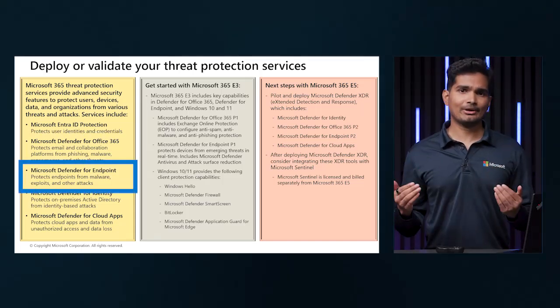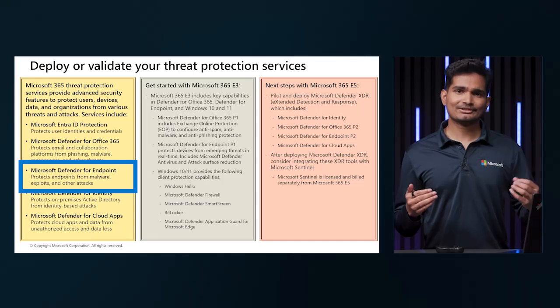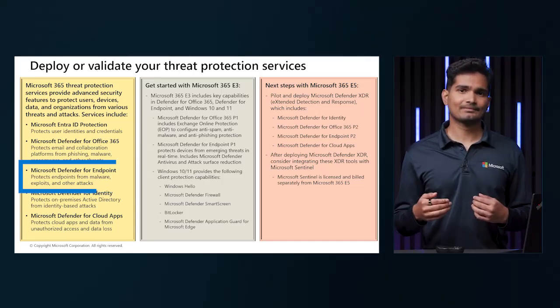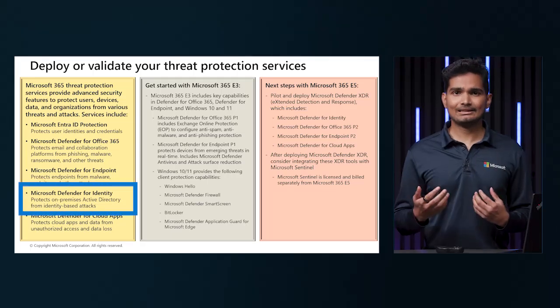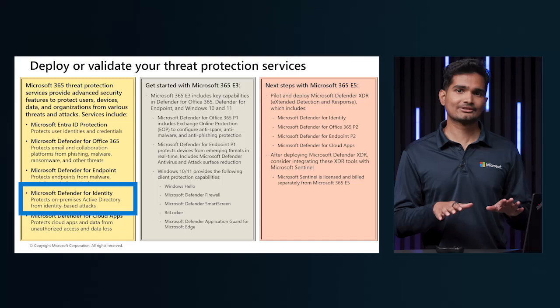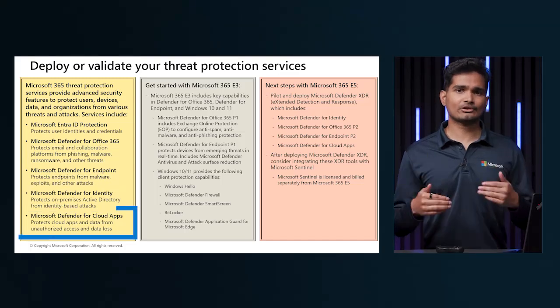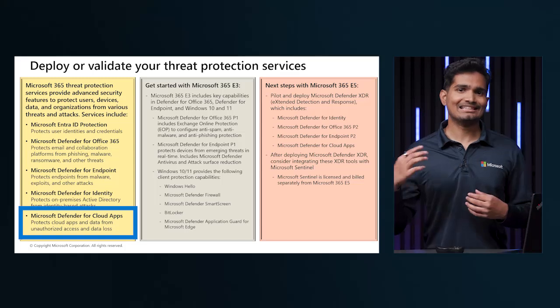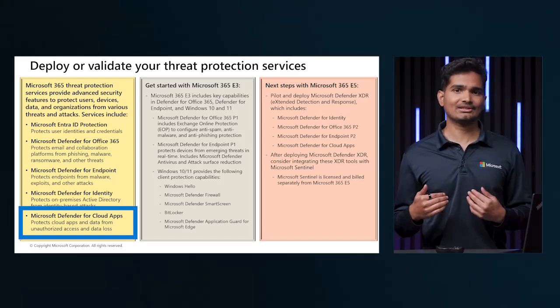Microsoft Defender for Endpoint defends endpoints against malware, exploits, and other attacks. Microsoft Defender for Identity secures on-premises Active Directory from identity-based attacks. Microsoft Defender for Cloud Apps protects cloud applications and data from unauthorized access and data loss.